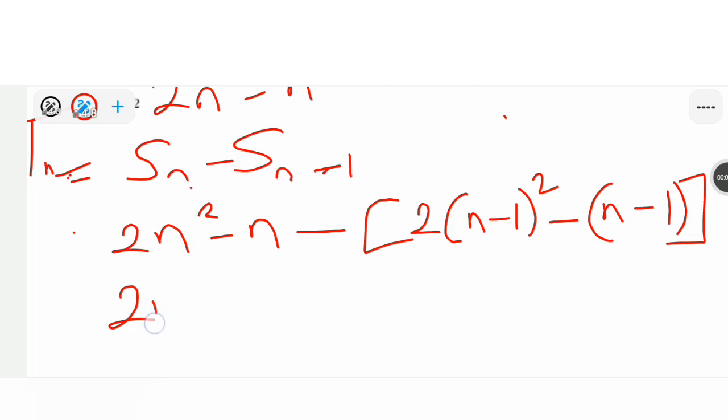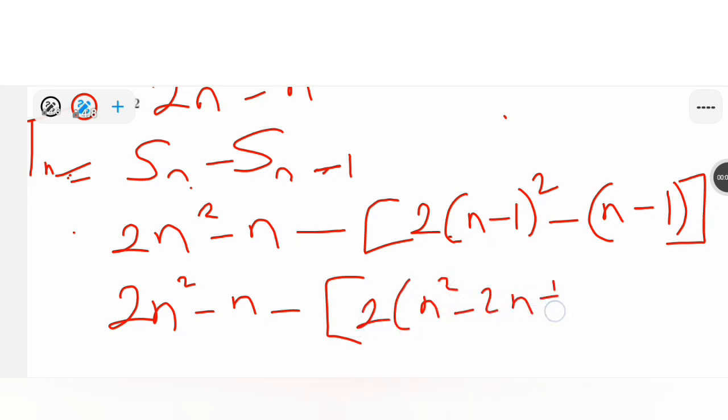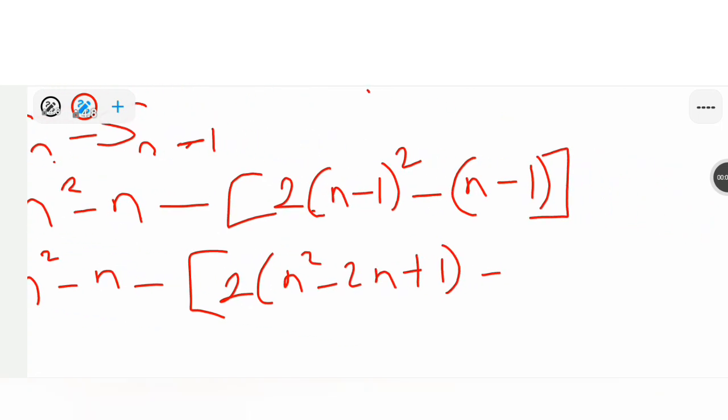So you have 2n squared minus n minus, you expand this one. If you expand n minus 1 squared, you're going to get 2 into n squared minus 2n plus 1, minus, this minus will come out here. I'll give you minus n. Then it all turns to plus 1.